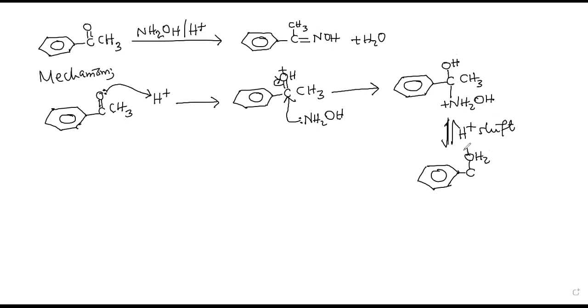So we shall have COH2 plus, then CH3. Then nitrogen, since it has lost, it is going to become NHOH. Now, the lone pairs on nitrogen, or one can put them here, will come here as water molecule goes off.